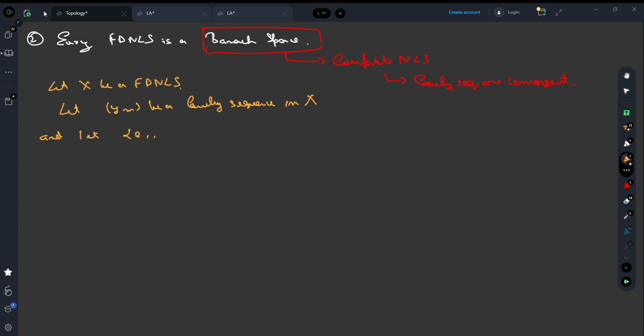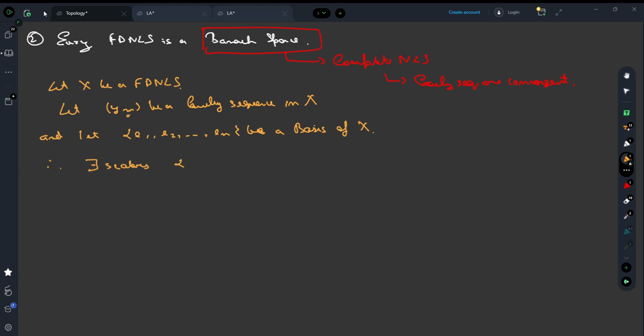Since it's a finite dimensional normed linear space, we can talk about its basis. Let e1, e2, till en be a basis for X. Now, each of the elements in this sequence is an element from X, so each is some linear combination of these basis elements.